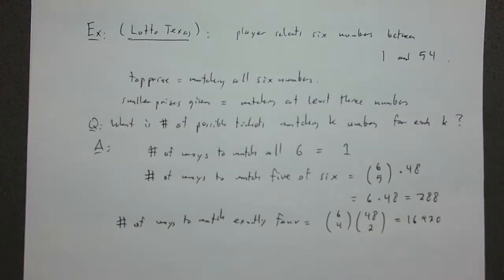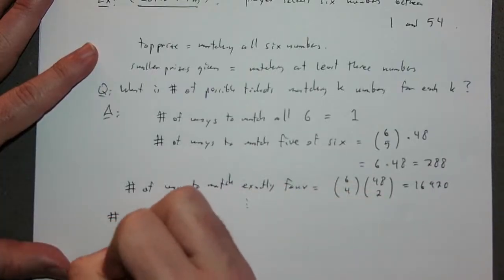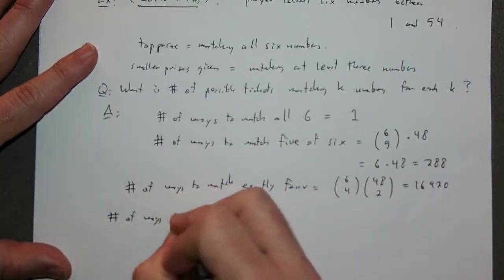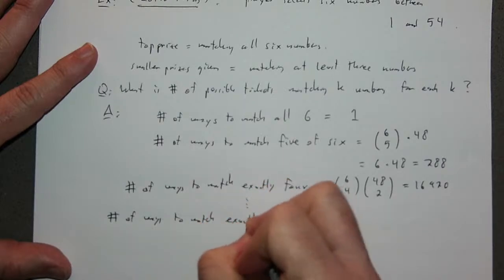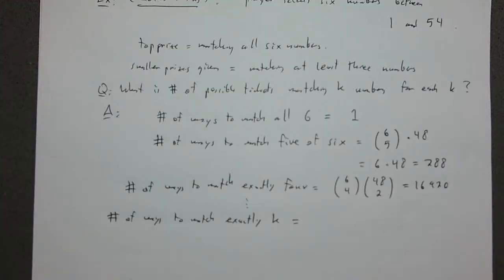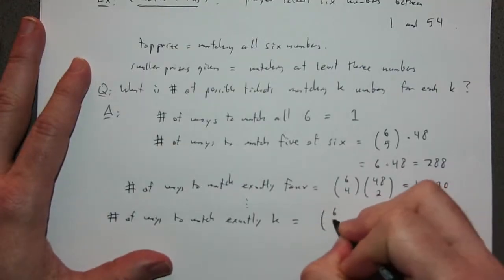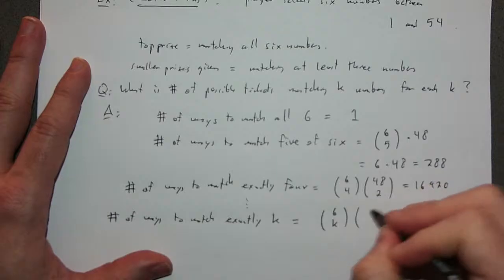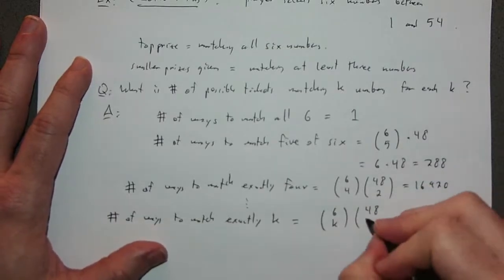And in general now you should see how this is working. The number of ways to match exactly k is 6 choose k times 48 choose 6 minus k.